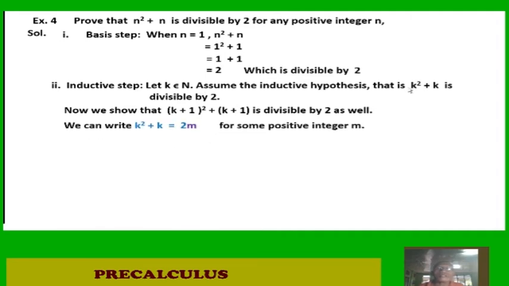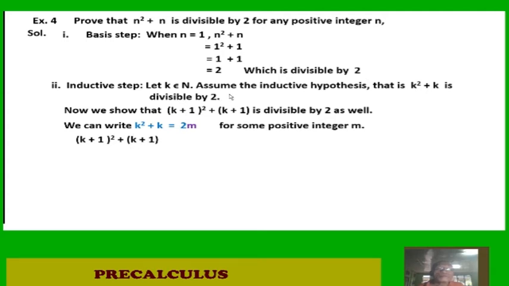Now we can write k squared plus k, which is divisible by 2, as 2m. So in other words, k squared plus k is equal to 2m for some positive integer m, because in our previous statement, k squared plus k is divisible by 2. So we have here a factor of 2.